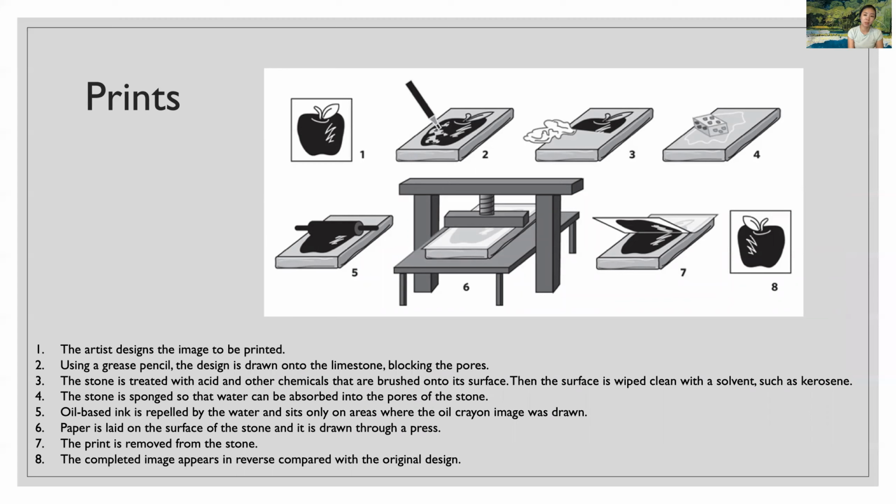So this is the process of lithography. Number one, the artist designs the image to be printed. Number two, using a grease pencil, the design is drawn on the limestone, blocking the pores.